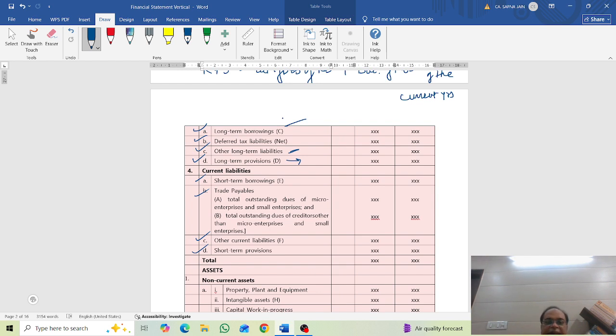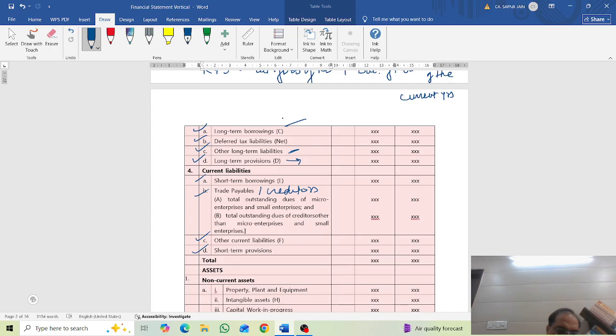Number second is trade payable. Trade payable like creditors. Creditors and trade payable both are the same. Account payable, trade payable, creditors all are the same. So there is one requirement as per the Companies Act.